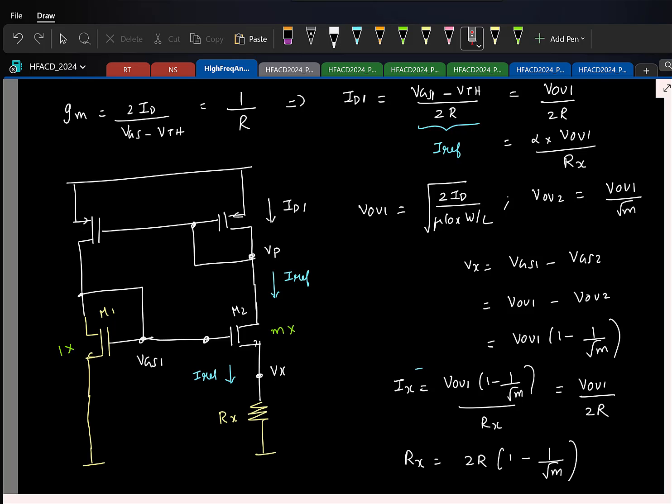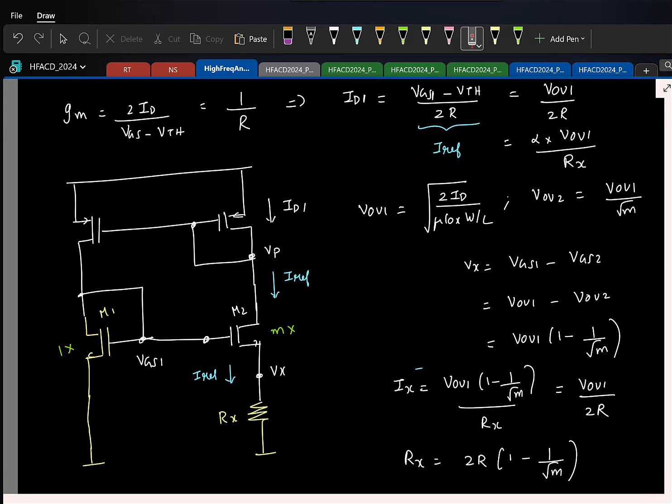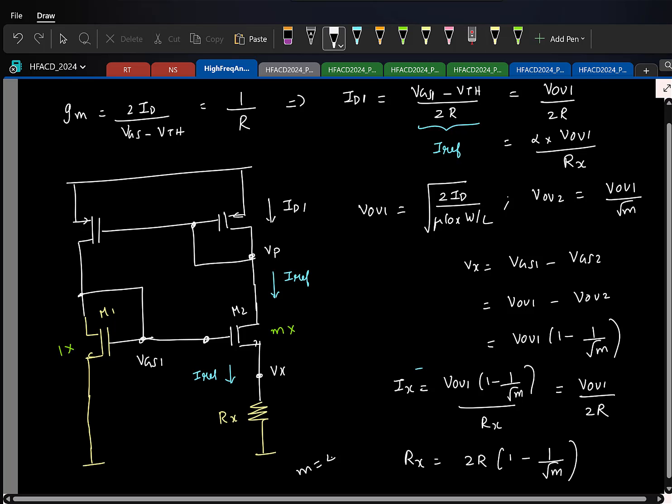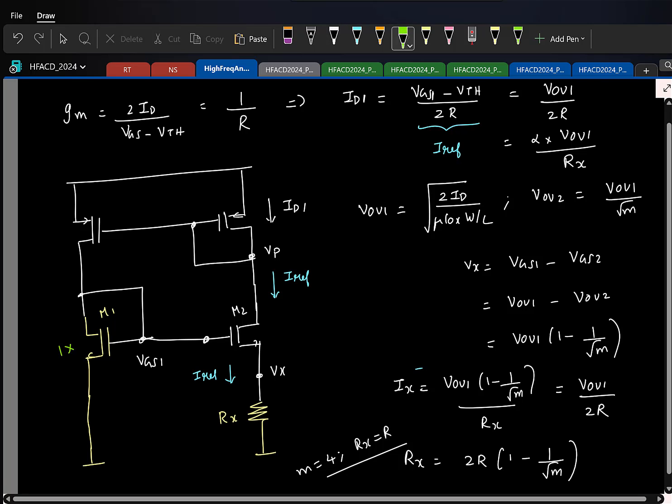Now what do you think might be a simple value of m so that we get nice round numbers? If you choose m as 4, what do you get for Rx? Yeah, if I choose m as 4, my Rx will become R, and that's exactly what is done in practice. So you choose it to be 4x wider, which means this guy.